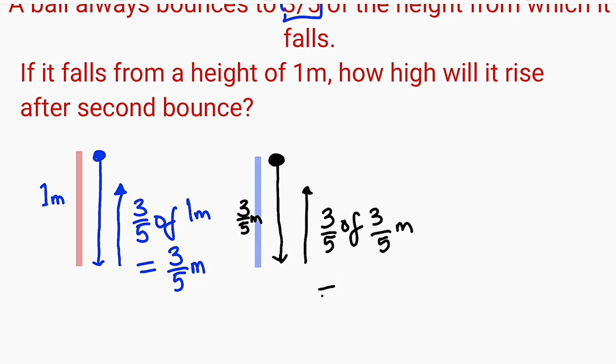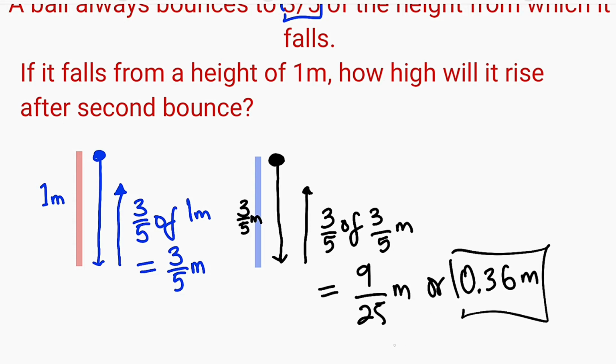And this will give us, remember, this is multiplication, we have 9/25 meter. So in the second bounce, it will reach a height of 9/25 meter, or you can write it in decimal as 0.36 meters. So this is our solution for the first problem.